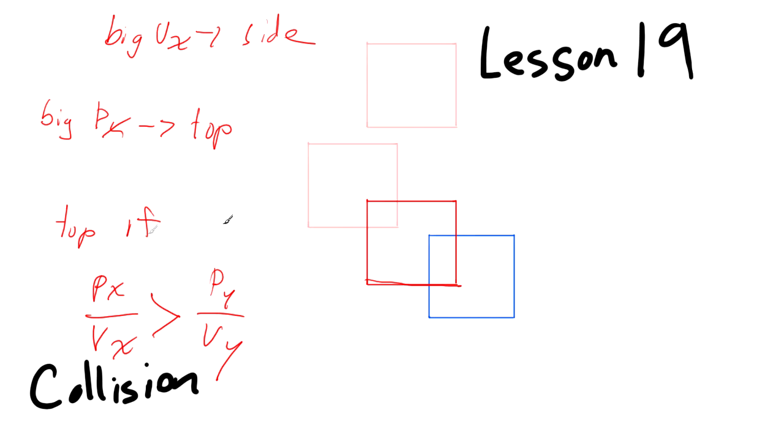And if you're only moving vertical, Vx is 0, and you divide by 0, px over 0, anything divided by 0 is basically infinity, which is obviously going to be larger than whatever is over here. So in that case, if your Vx is 0, you're definitely going to get a top. And same with Vy. So there's a little thought experiment there for you guys to prove this thing.